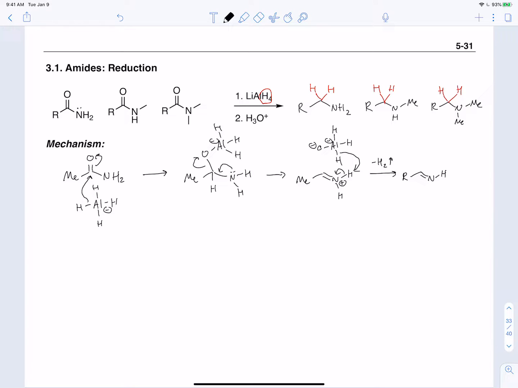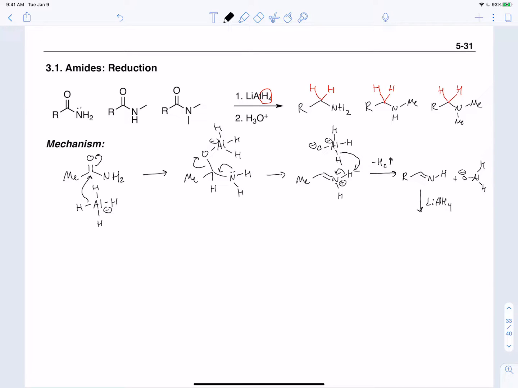We get an imine along with this aluminum hydride byproduct that has a formal negative charge. In these reactions, we always have an excess amount of aluminum hydride, or one of the other active hydride species that are still around, but we can just say lithium aluminum hydride again.